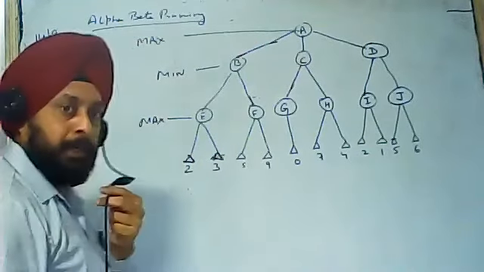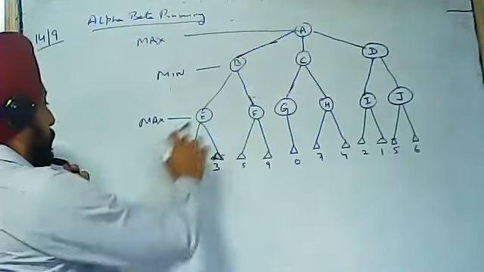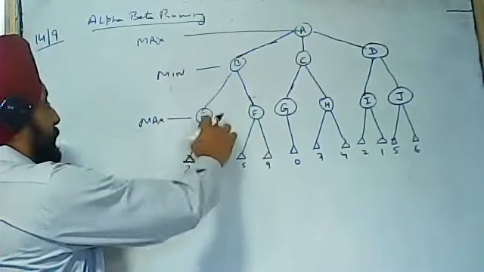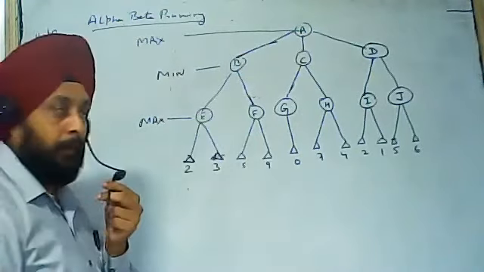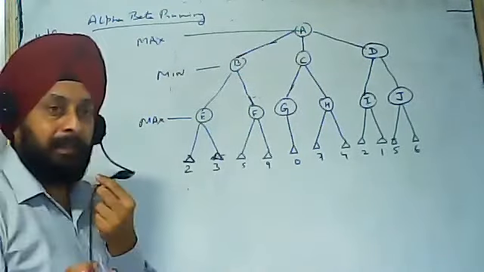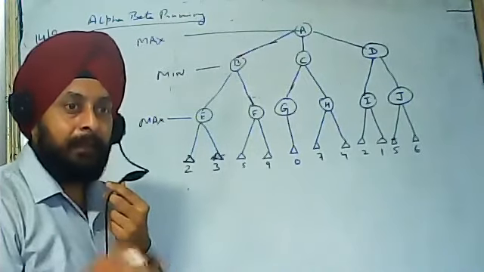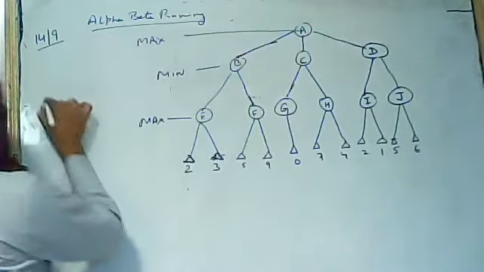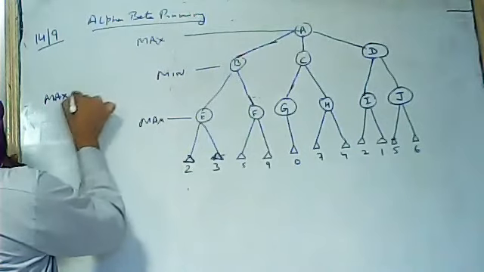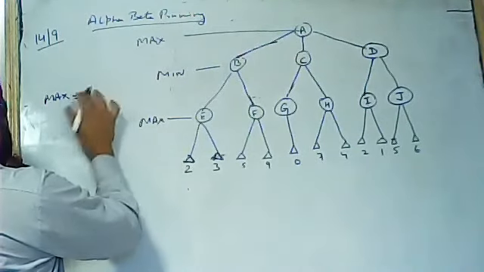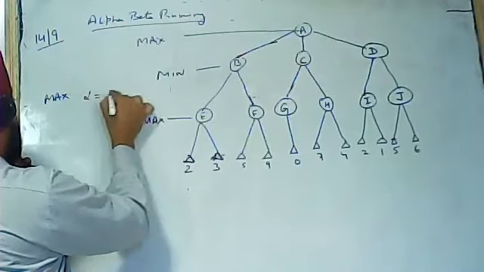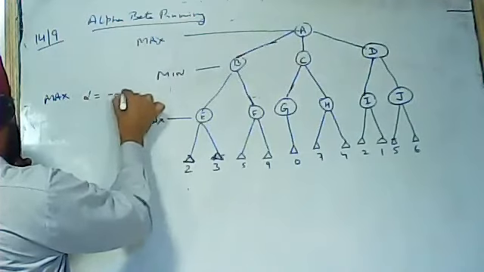We start with the worst values of max and min. The worst value of max is denoted by alpha, and its value is minus infinity.